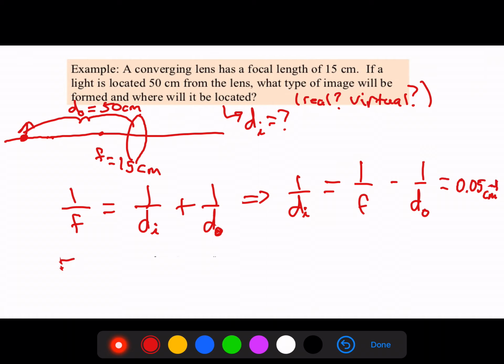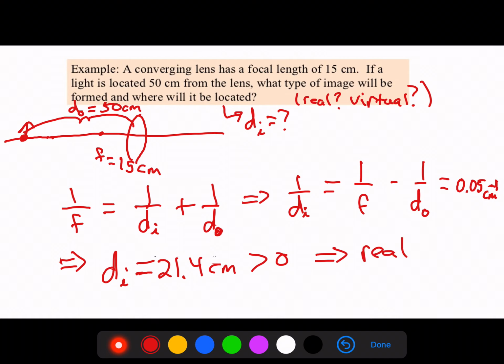So if I then invert this and take 1 over that value, there are actually a few more digits here that I've just rounded. If you don't round until the end, what you should find is that the image distance is 21.4 centimeters. And since this is greater than 0, this implies that we have a real image. Okay, so it does fit with our prediction based on the ray tracing diagram.